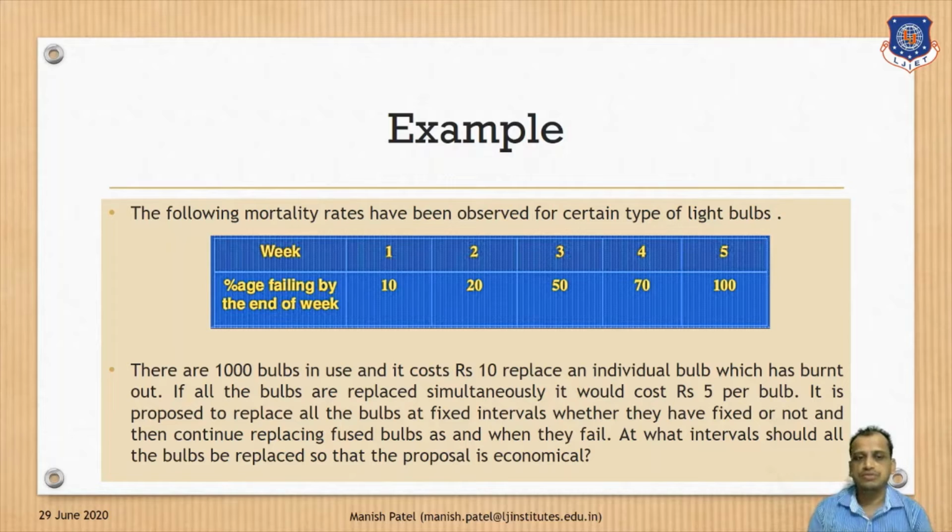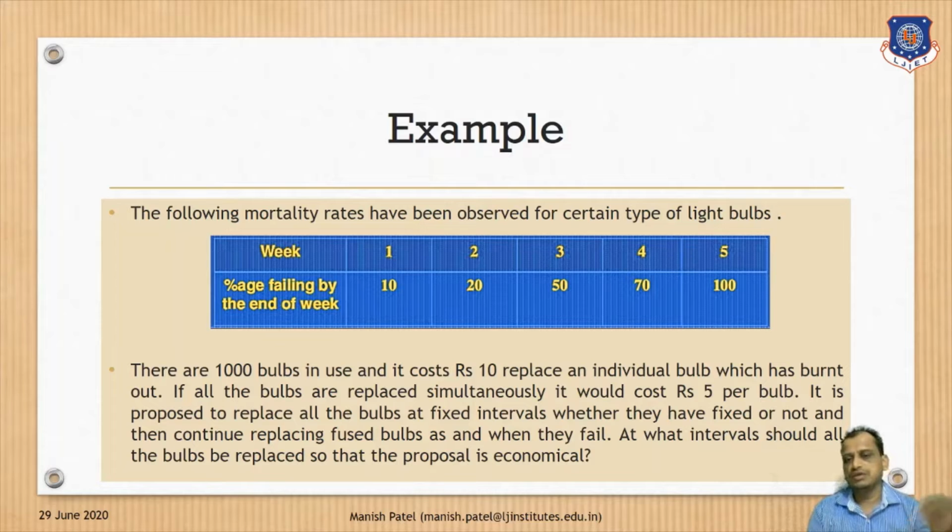Now the company has 1000 bulbs installed and the cost is 10 rupees for replacing one bulb. If they are replacing all of them simultaneously in a group, then the cost is 5 rupees per bulb. It is proposed to replace all the bulbs at fixed intervals, whether they have failed or not, all at the same time, and then continue replacing failed bulbs as and when they fail.